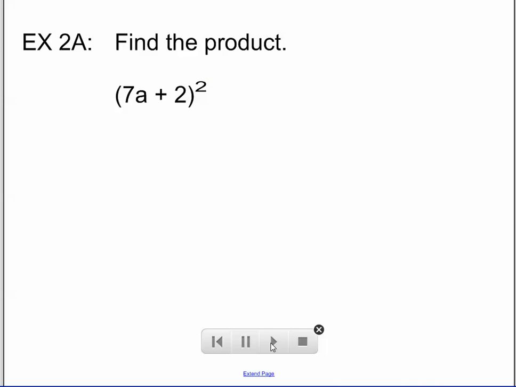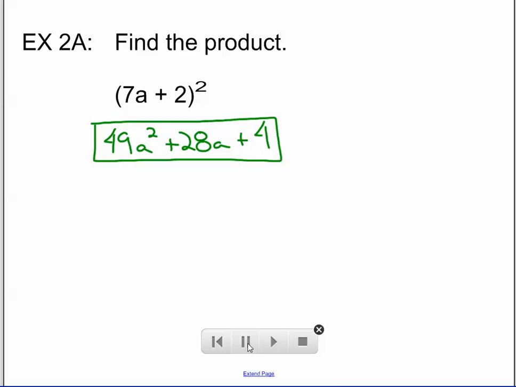Here's another one. Again, if I recognize the pattern and I have it memorized, I can do it very quickly. Done. Again, you're probably wondering how I did it so quickly.